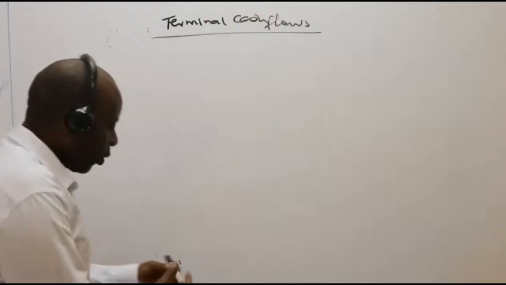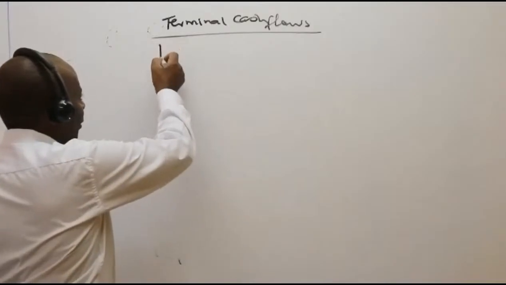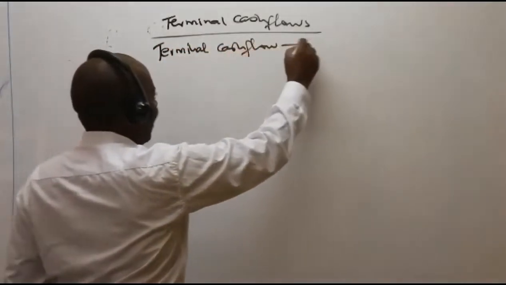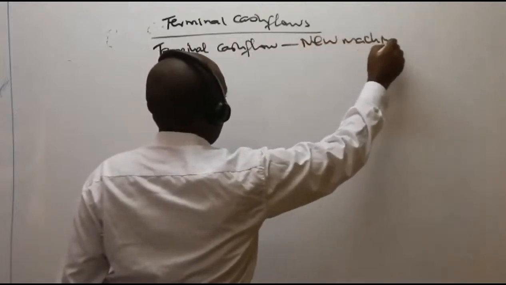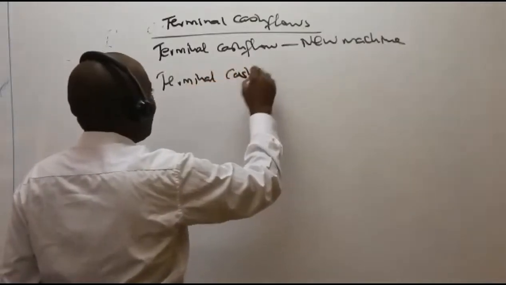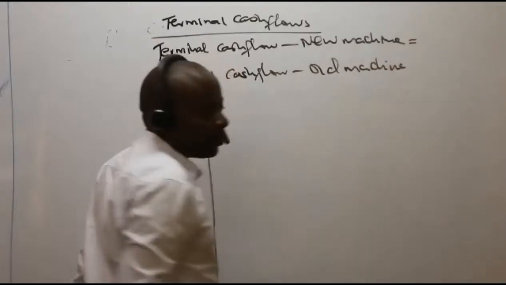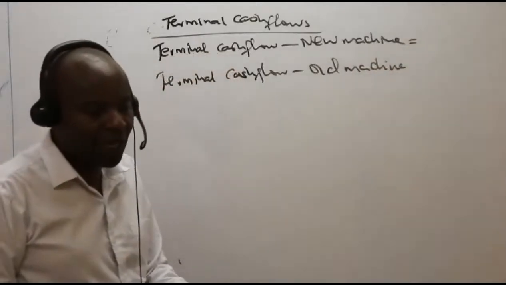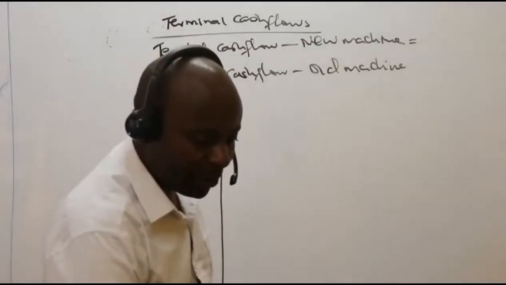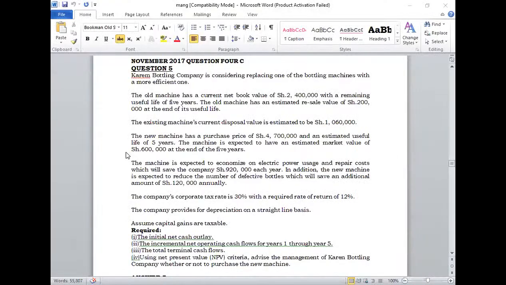Terminal cash flows will come and pick the terminal cash flow of the new machine, and then the terminal cash flow of the old machine. Has the examiner given us the terminal scrap value of the new machine?